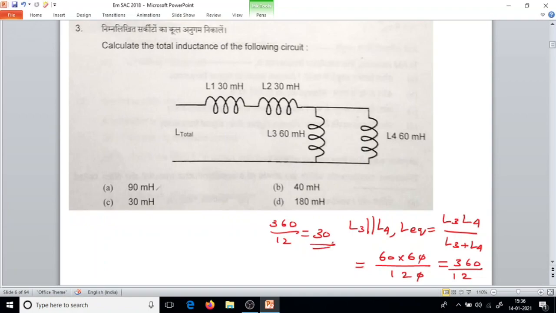We got 30 millihenry. The units are millihenry. Milli equals 10 to the power minus 3.